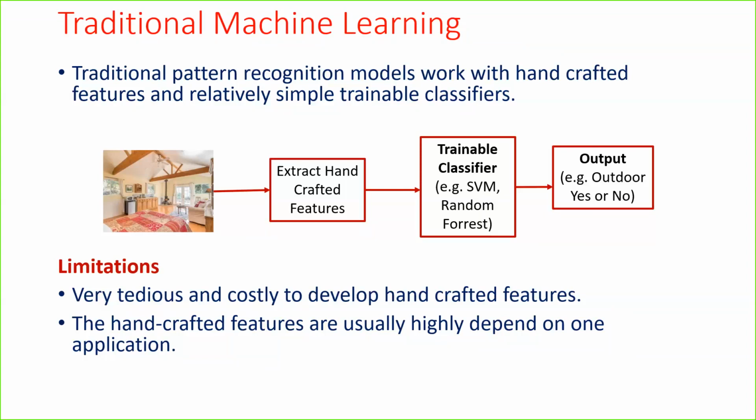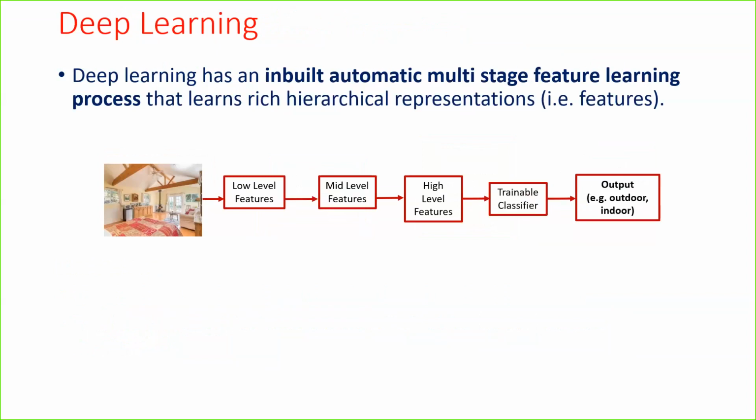To avoid this problem, deep learning has an inbuilt automatic multi-stage feature learning process that automatically extracts the features from the given image or object. For example, here the task is, given an image, to classify it as an indoor or outdoor image. Given the image, initially it extracts the low level features, from the low level features it extracts the mid level features, and from the mid level features it extracts the high level features and uses them to train the classifier.